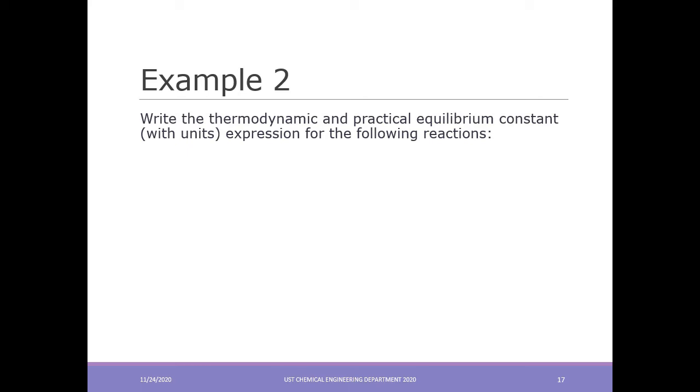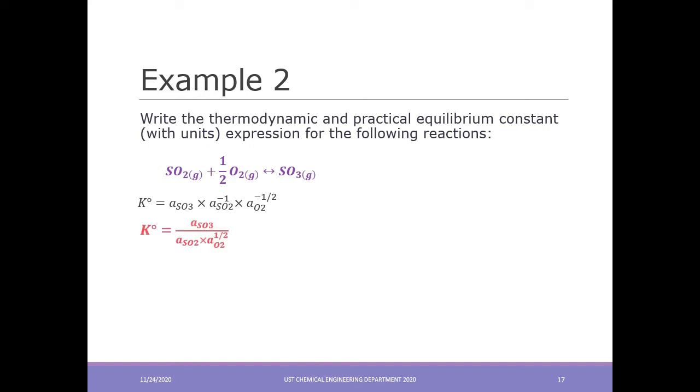To practice writing thermodynamic and practical equilibrium constant expressions, let's do example 2, wherein you are asked to write the thermodynamic and practical equilibrium constant expressions with units for the following reactions. For the first reaction, K0 is obtained by getting the product of the activities raised to their respective signed stoichiometric coefficients.